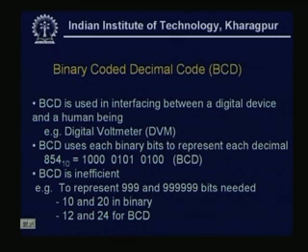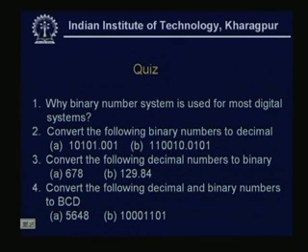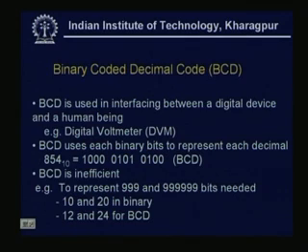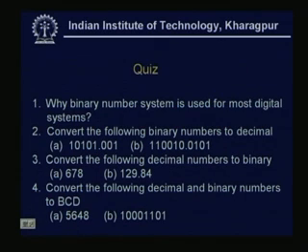Now, we stop here and I give some small, very simple quiz questions, mainly based on today's discussion: why binary number system is used for most digital systems, and then some conversions.